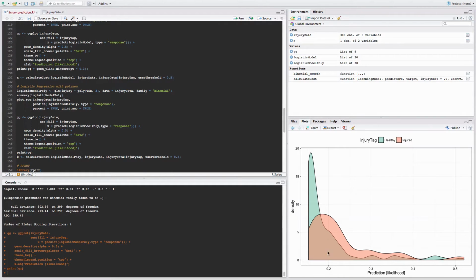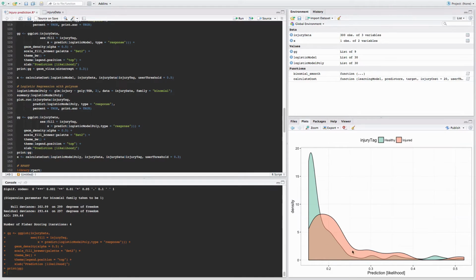So pretty much I'm plotting the distribution of the model predictions, but I split them in two classes which are pretty much real, so the classes in the data set. As I said, I wanna see two separate classes, which means that the model is able to differentiate between two classes, in this case healthy and injured.